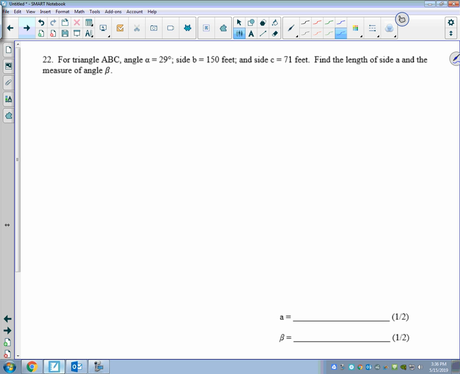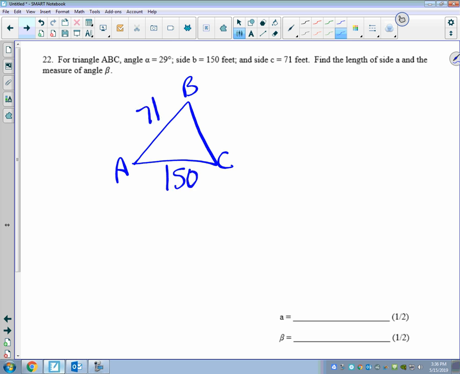And then the last one says, given triangle ABC, b is 150 feet, c is 71 feet, and angle A is 29 degrees, solve for both the side a and angle B. So for side a, we don't have enough information to use law of sines, so this is a law of cosines one.